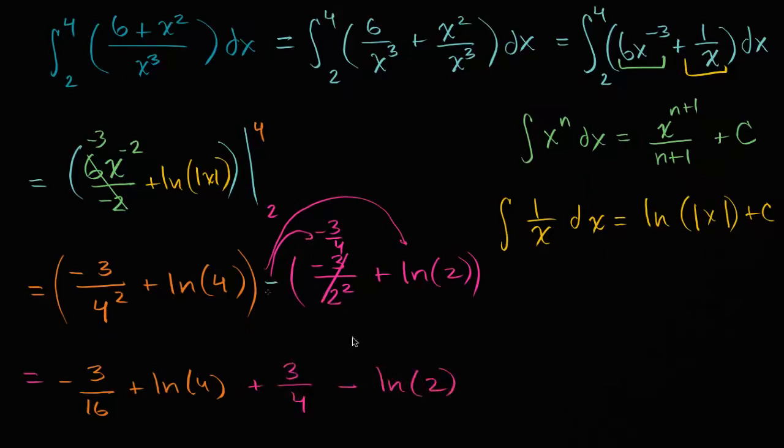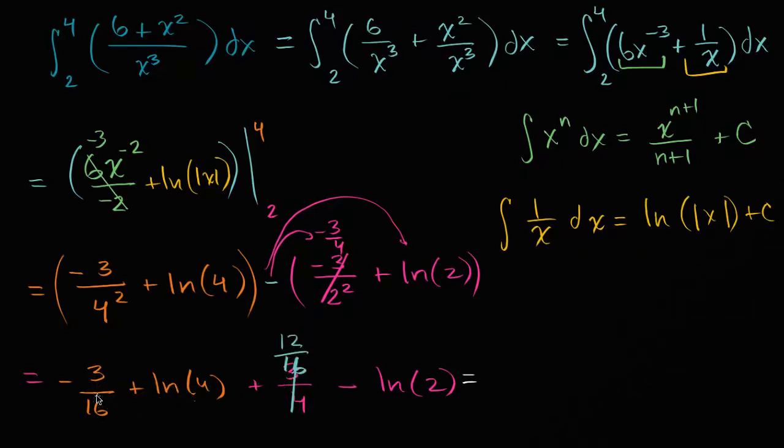All right, so this is going to be equal to, and I'm now going to switch to a neutral color. So let's add these two terms that don't involve the natural log. And let's see, if we have a common denominator, 3 over 4 is the same thing as, if we multiply the numerator and denominator by 4, 12 over 16.